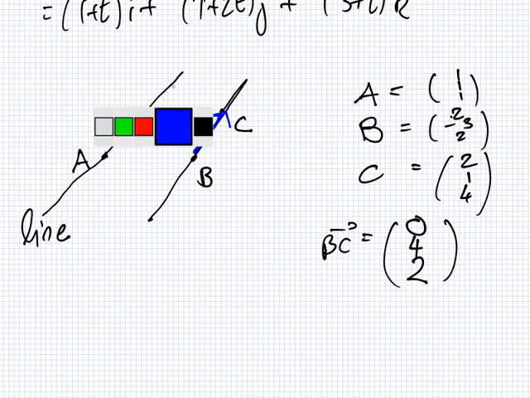So if I go over to this line and draw a parallel vector on it, what is the value of this vector that I'm drawing in red? BC. Yeah, it has to be the same, 0, 4, 2.